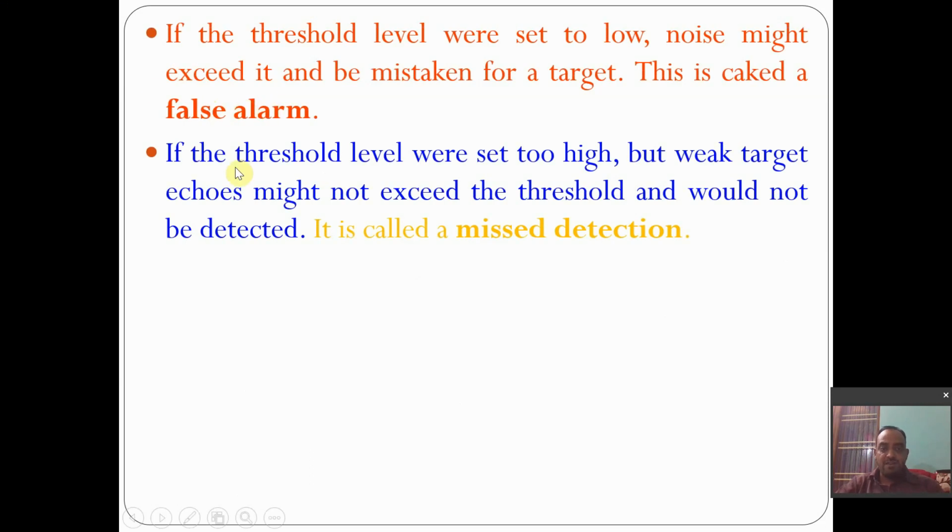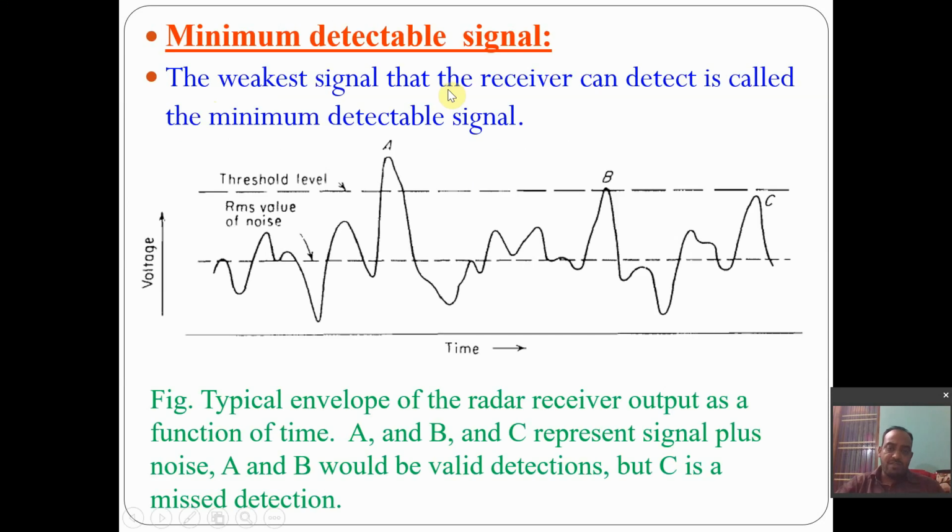If the threshold level is set too high, then consider the amount of signal received, which depends upon the size of the target. If the target is very large, a large amount of signal will be reflected from the target and the received power will improve.